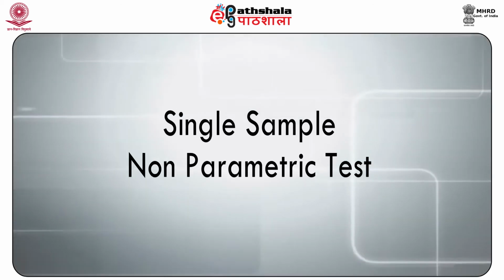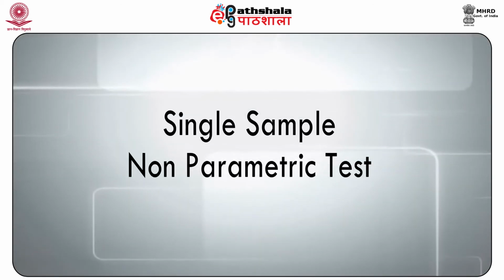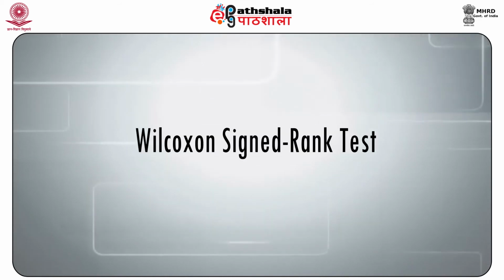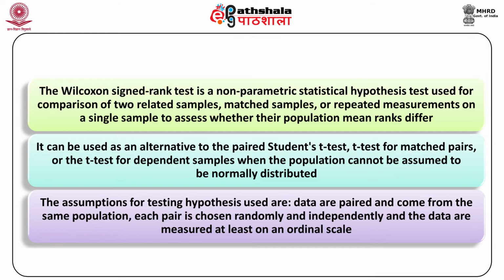Now, let us discuss single sample non-parametric tests. The first is the Wilcoxon signed rank test. The Wilcoxon signed rank test is a non-parametric statistical hypothesis test used for comparison of two related samples, matched samples, or repeated measurements on a single sample to assess whether their population mean ranks differ, that is, it is a paired difference test.